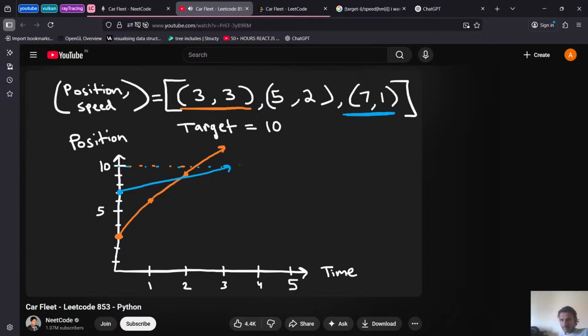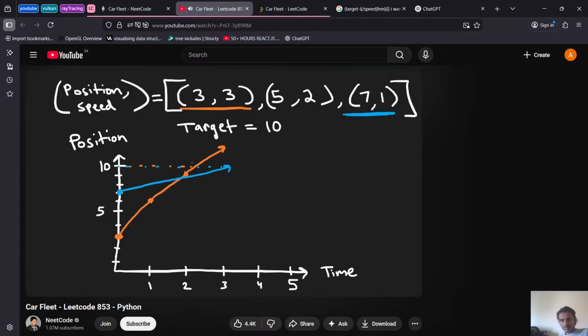And what you can already tell from this drawing is these intersect here, right? They intersect before they reach the destination. What does that tell us? That tells us that they are going to become a car fleet. This orange one and the blue one, right? They intersected over here before the orange one reached the destination over here.